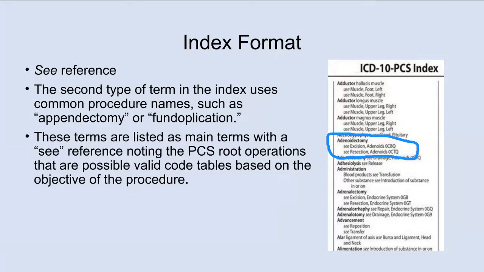Now, this gives you enough information, this adenoidectomy, for example, that you don't necessarily have to go back to excision adenoids. You can go to table 0CBQ or 0CTQ to find the rest of the code. So it says "see", but you don't really have to go back and find that in the index.